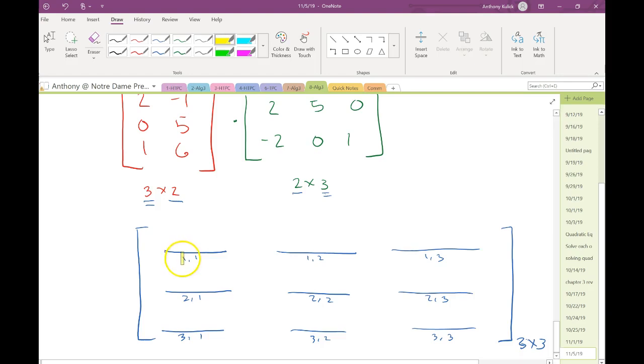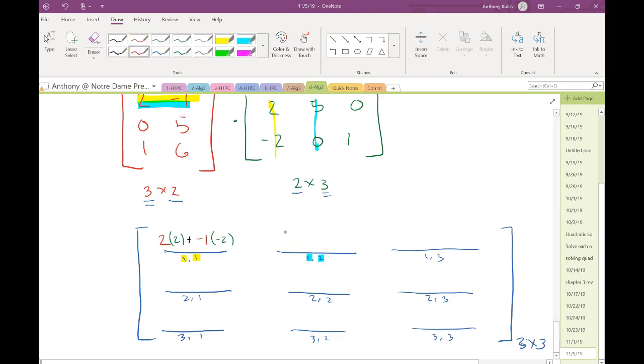Okay, so the first entry is row 1 with column 1. So that's going to be 2 times 2, and then -1 times -2. And then we'll add those together. And then we're going to have row 1 with column 2.